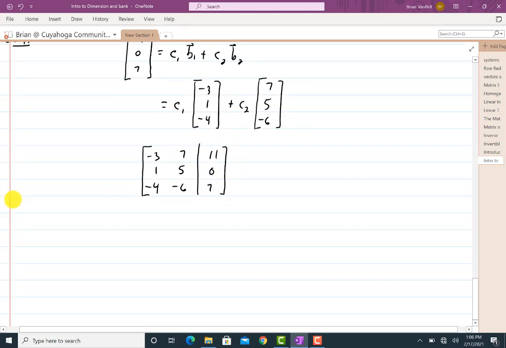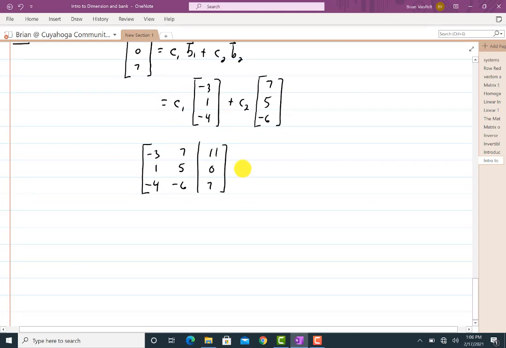And you know this game. Right off the bat, I'm going to swap rows 1 and 2 so I put that 1 at the top left corner. So I have 1, 5, 0, and then -3, 7, 11, and -4, -6, 7.